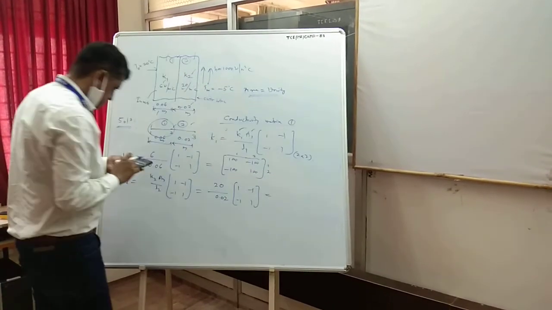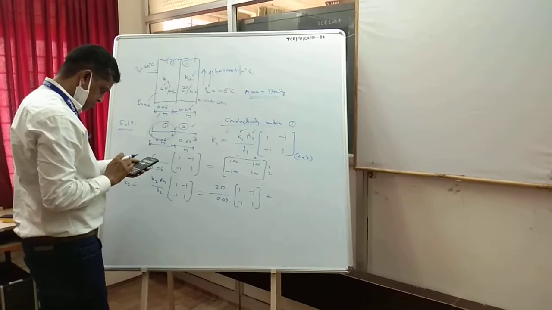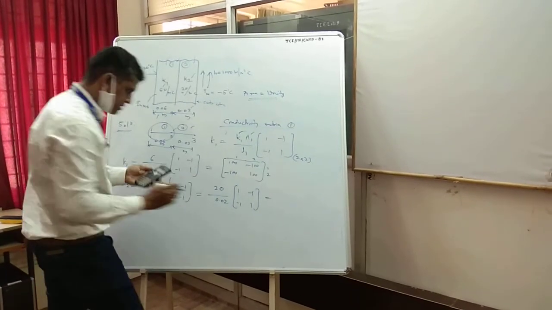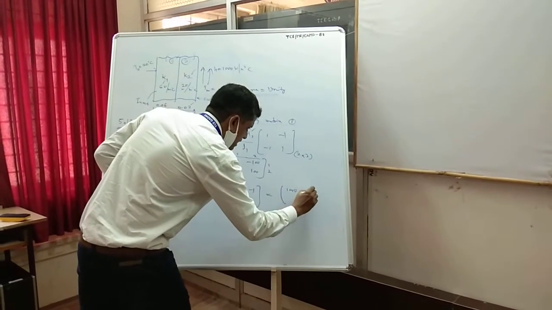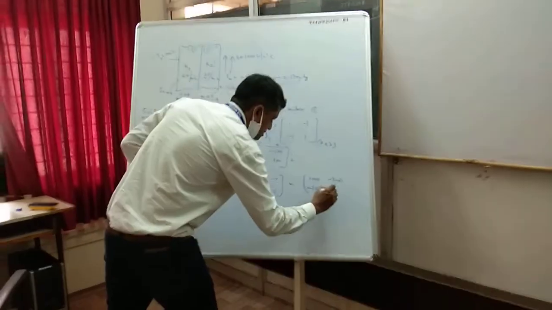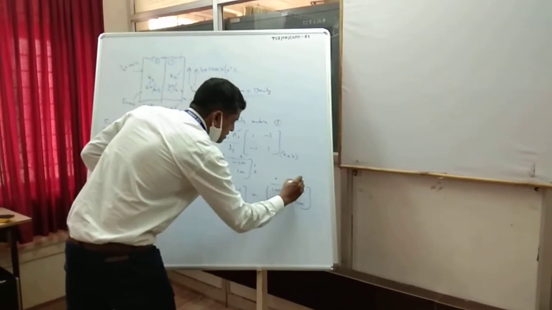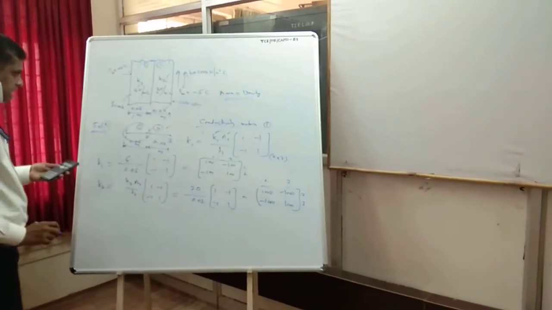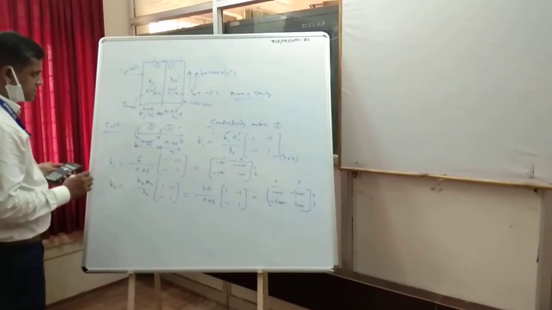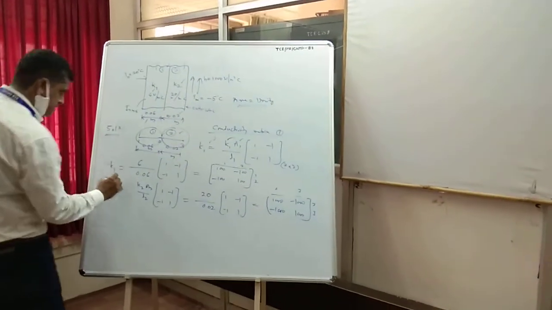Calculate this ratio, 20 by 0.02, 1000. I'll write inside 1000, -1000, -1000, 1000, and write the DOF numbers 2 3 for element 2.